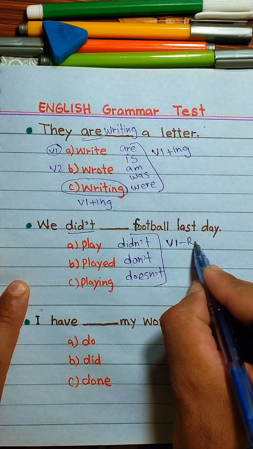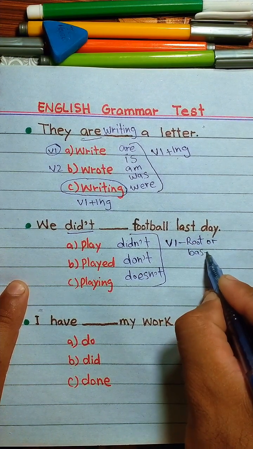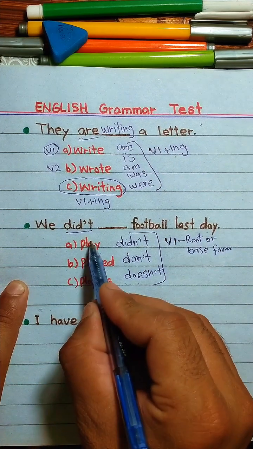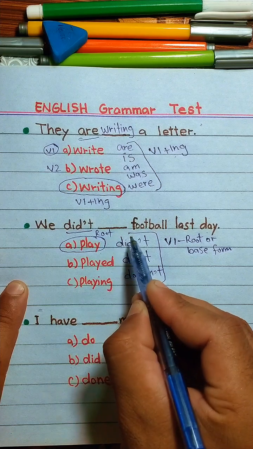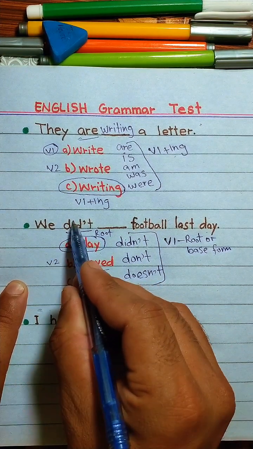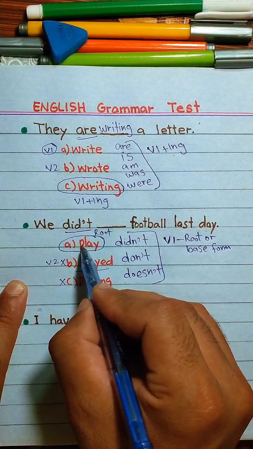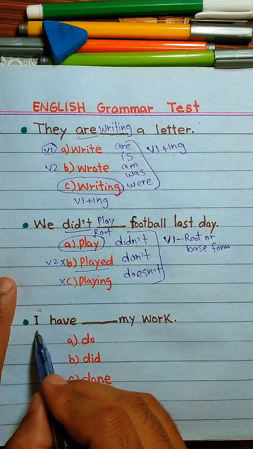V1 is also called root or base form. Option A is play. This is the correct answer. This is V2. We can't use option B and C.